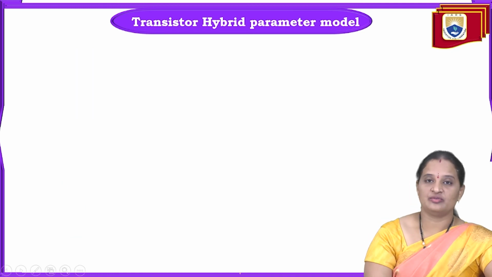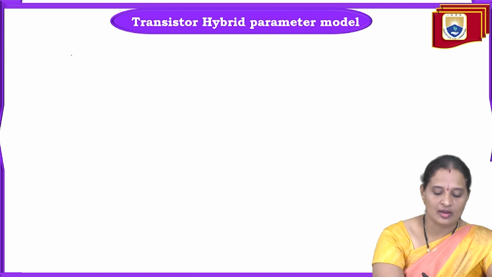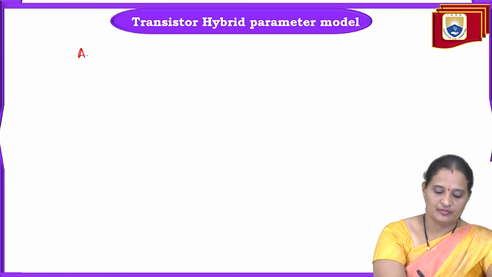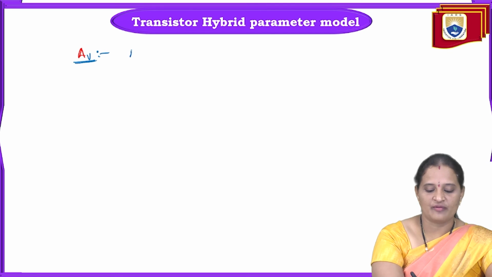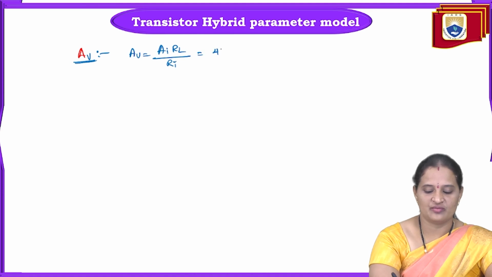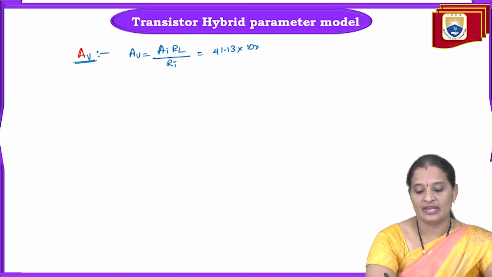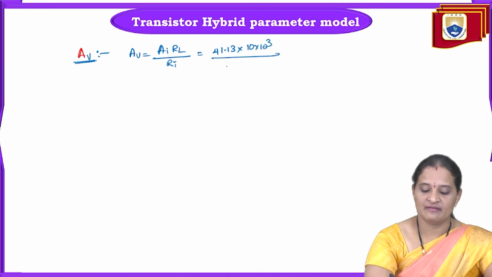Now coming to the next thing, AV. The formula for AV is simple, AI into RL by RI. So the AI value is 41.13 into the RL value. How much is the RL value? 10 into 10 to the power of 3 divided by RI.